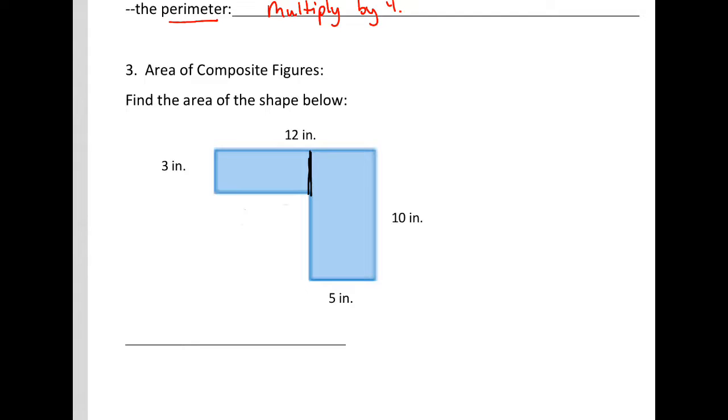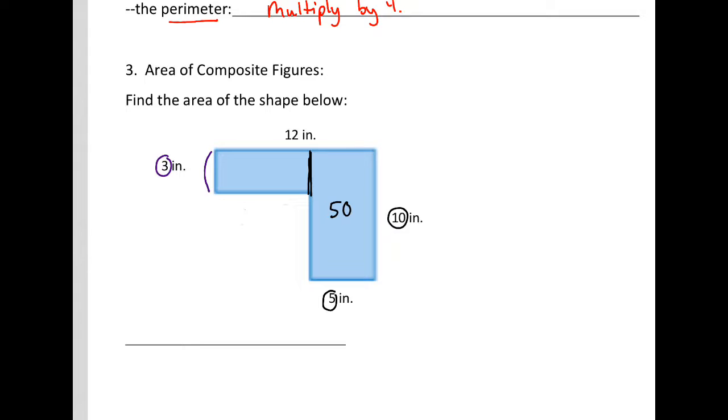So, first thing I'm going to do is this rectangle on the right there, it's just going to be 5 times 10 is 50. But now, the rectangle, I'll switch to purple, right here is going to be a little more complicated. Because I know this is 3, but this is not 12.